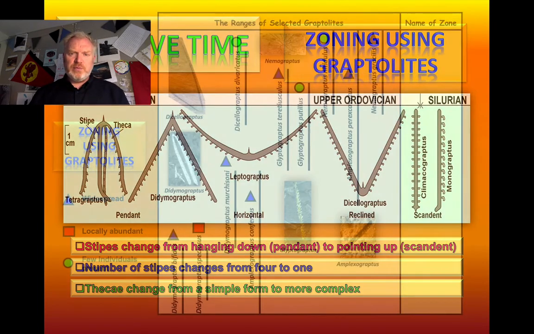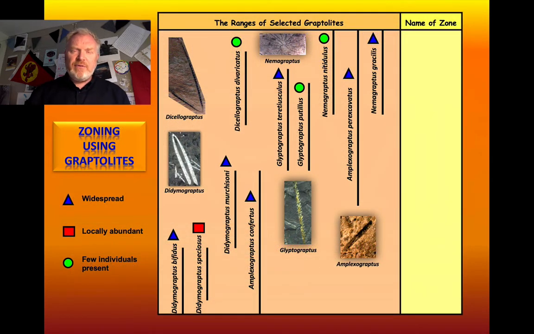What I'd like you to do is have a go at doing some of this yourself. This is some real data. We've got various different graptolite species. You've got some indication as well about how widely spread they are. Think back to what we did in the previous lesson about how important that is.